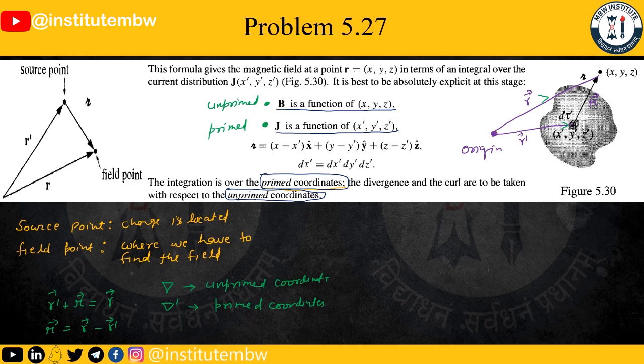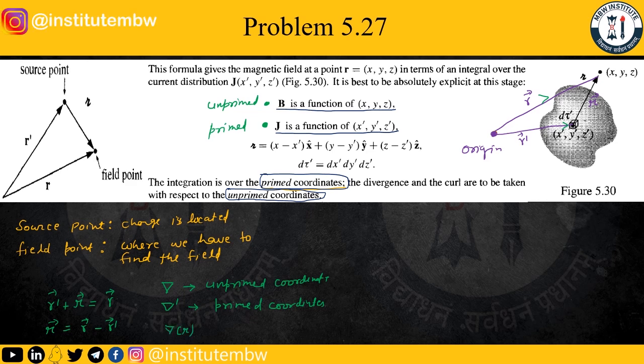What is the relationship between both? We can switch from del to del prime at the cost of a minus sign. Let's say this is del of r.